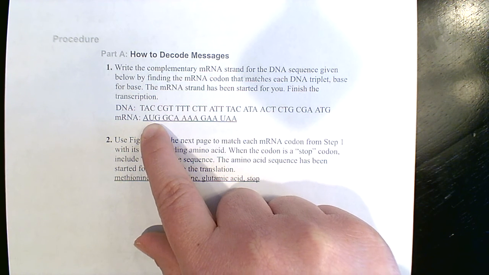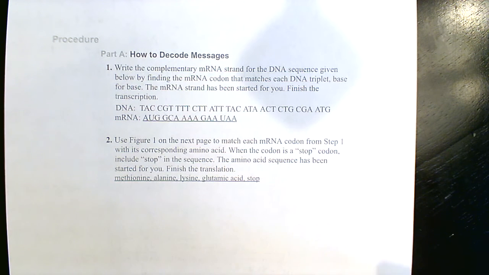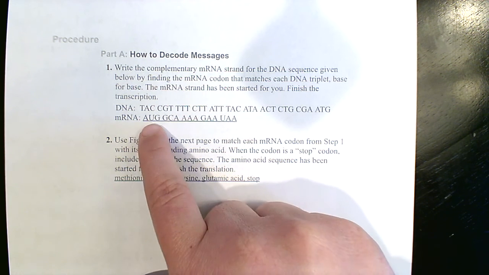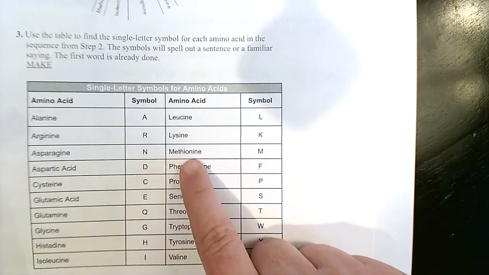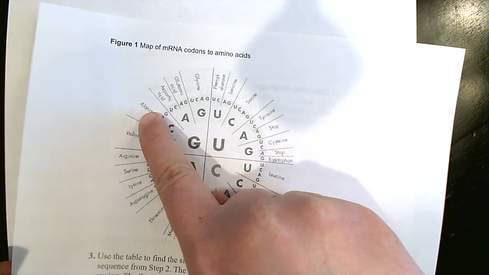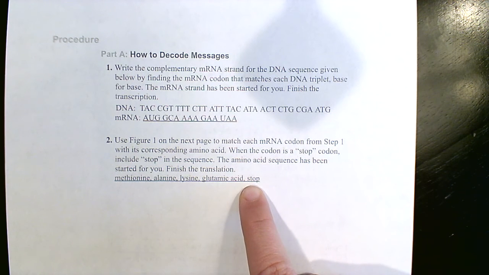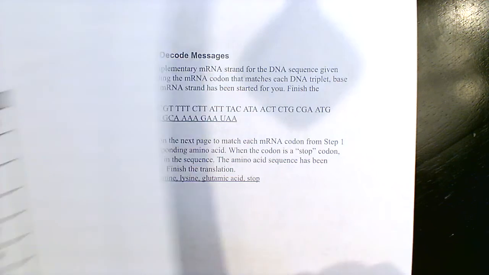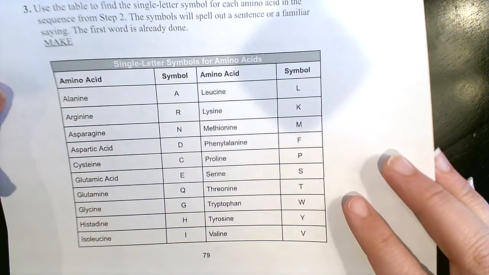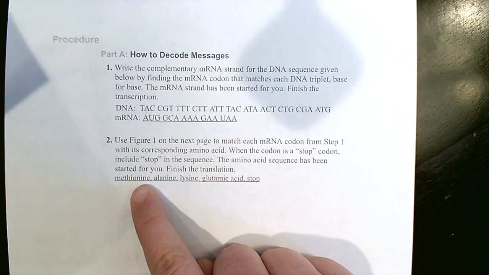I don't think they will all necessarily start with the AUG for the purpose of this code breaking activity, just so you know. Then they went, okay, AUG is for methionine. GCA is for alanine. They just went through till they got to a stop.